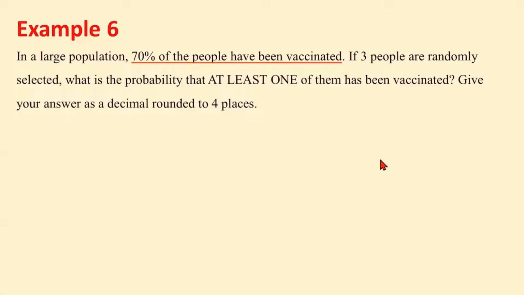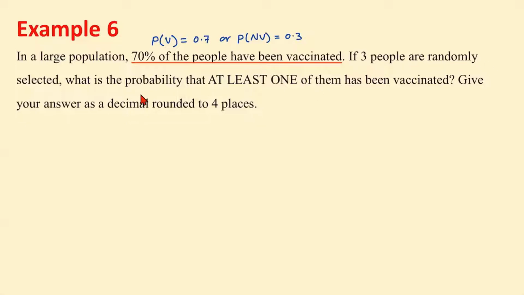That means when you select a person randomly, the probability that they will be vaccinated is 0.7, or we can say the probability that they are not vaccinated is 30%, or 0.3.